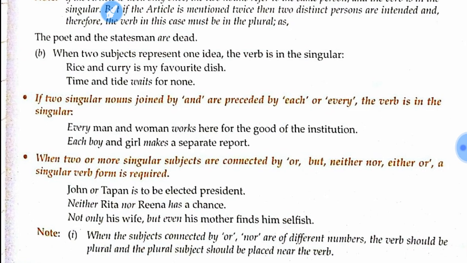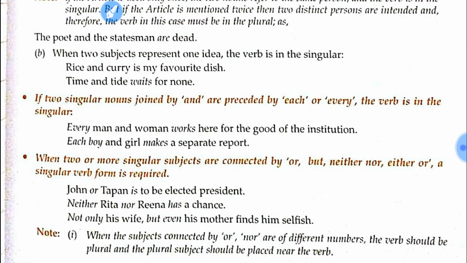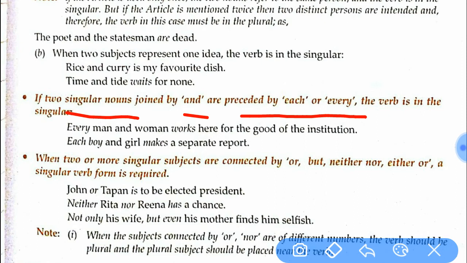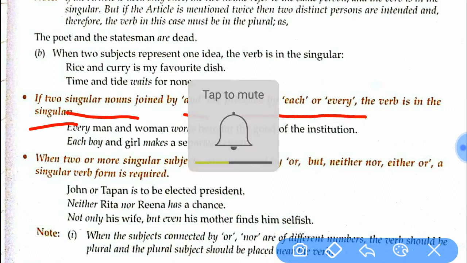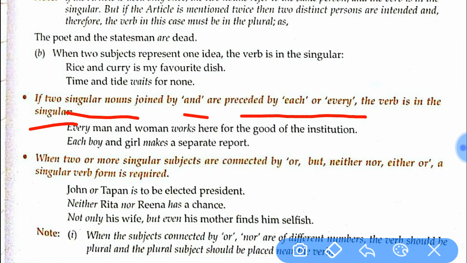So here we have the second rule. If two singular nouns joined by and are preceded by each or every, the verb is singular. So if it is preceded by each or every, then it is in the singular form. So let us see the first one.